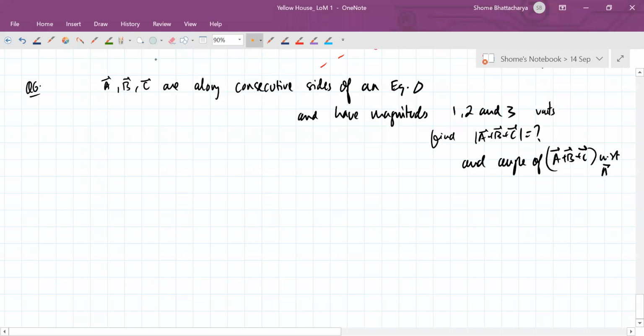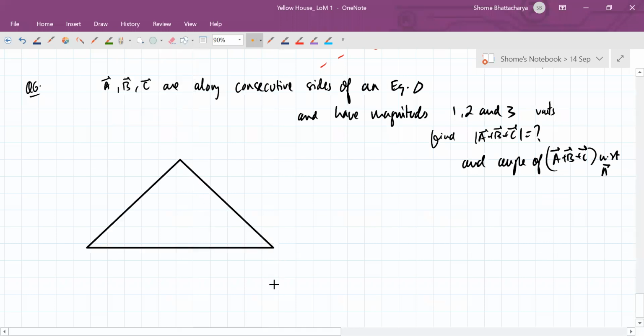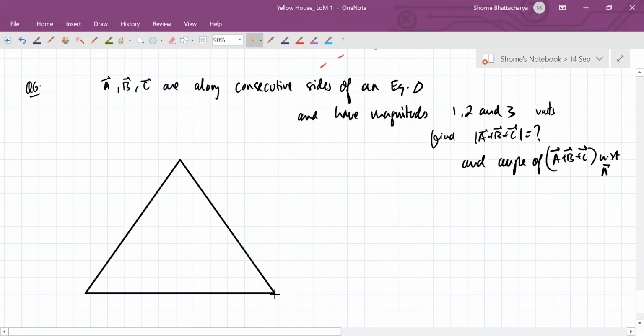So first of all, let me explain कि geometrically ये क्या हो रहा है. What is the shape? So draw an equilateral triangle. Now A, B, and C are lying along consecutive sides of this.